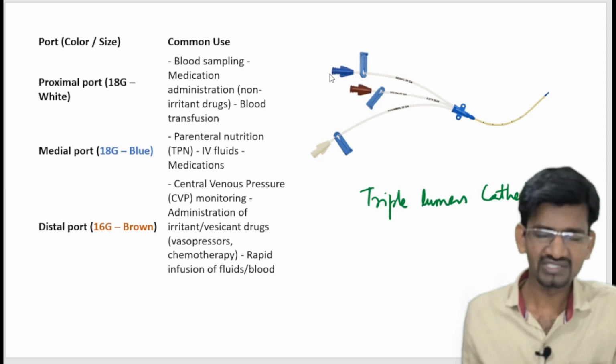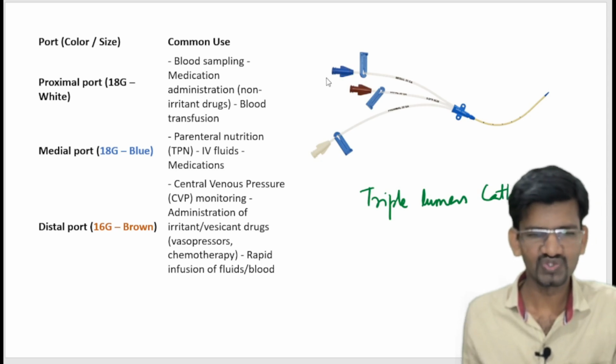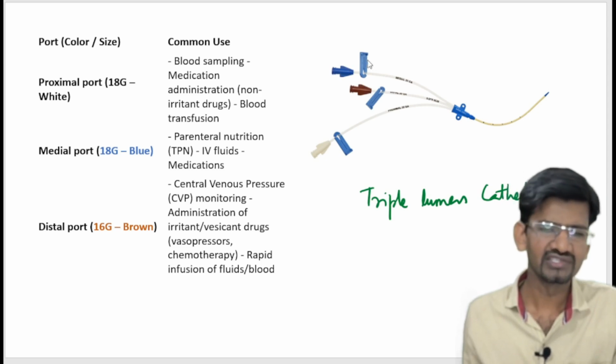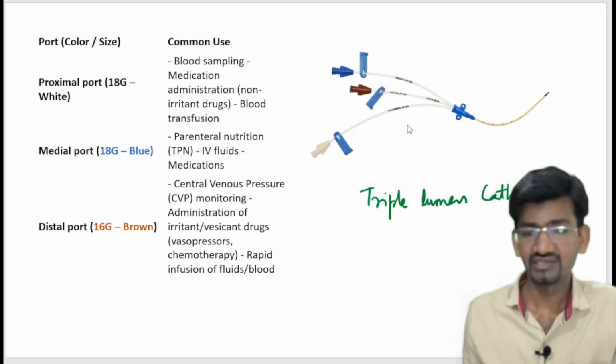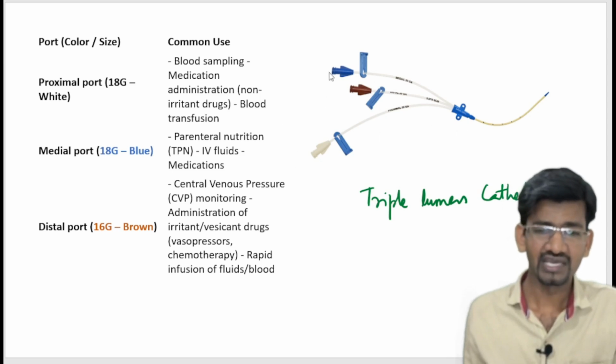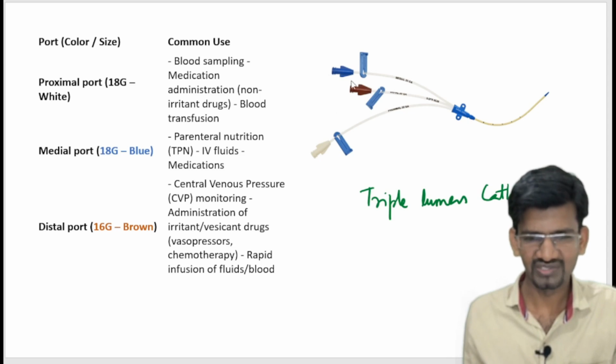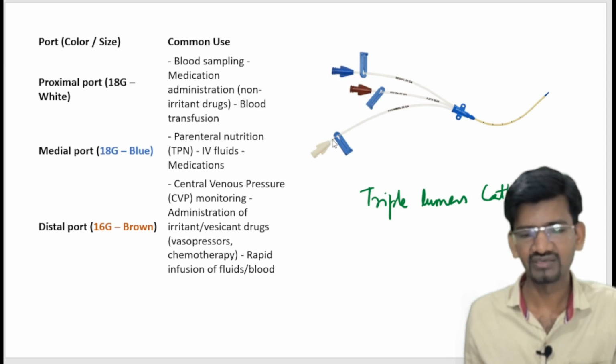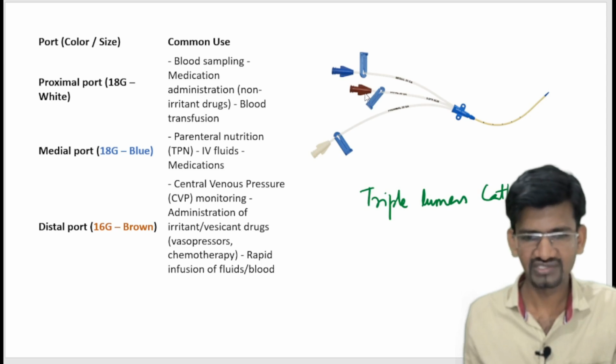You might see it in patients, especially in the ICUs or high dependency units. It has some colors with the ports. These are called ports or IV lumens.